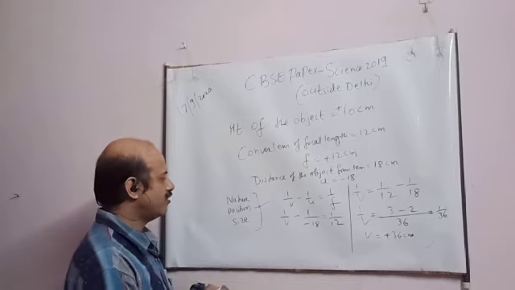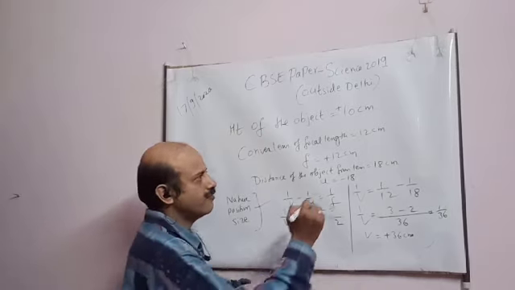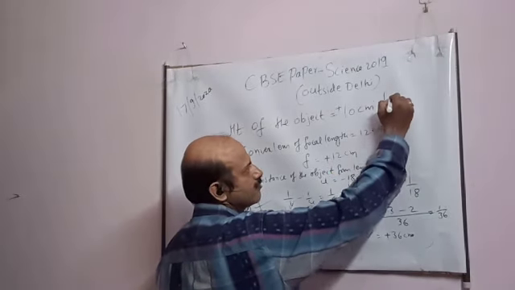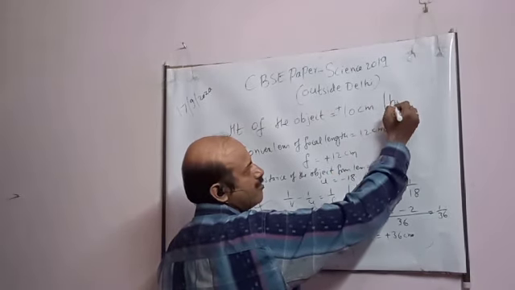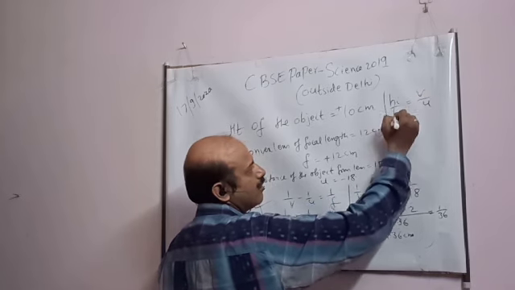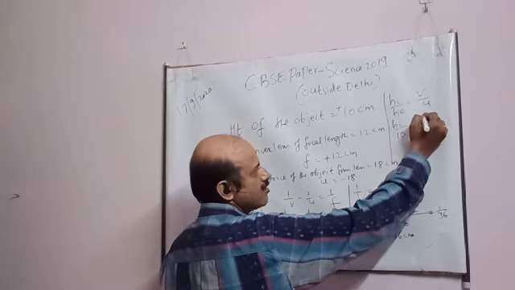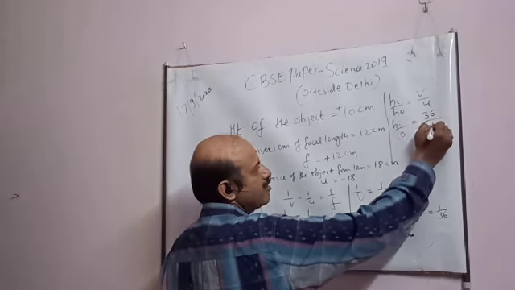Now, student, the size of the image. For the size of the image, student, this is the formula. Height of the image upon height of the object is equal to v upon u. Height of the image you have to find out. Height of the object is given. v we have just calculated and u is minus 18, student.